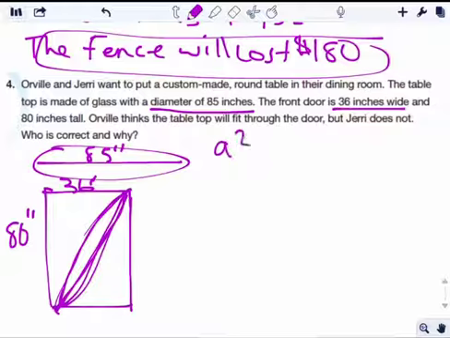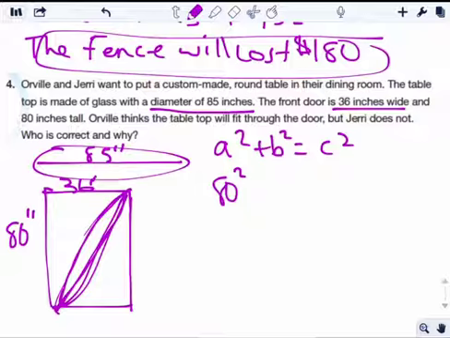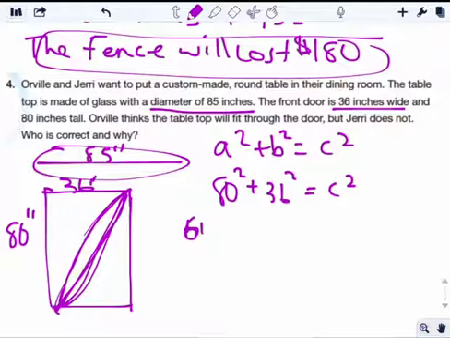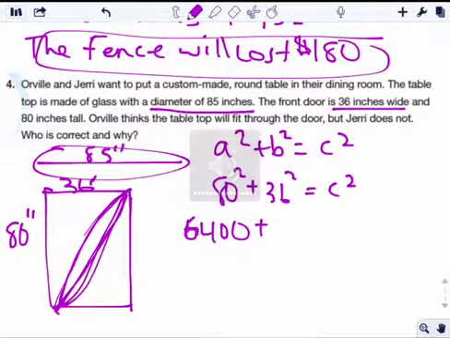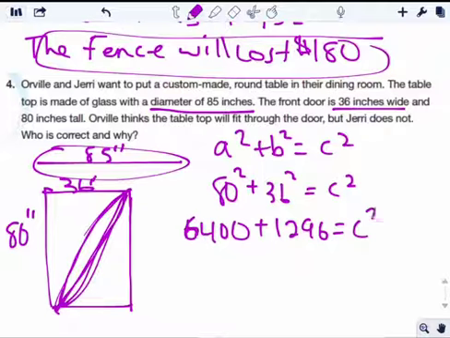So we need to find C. A squared plus B squared equals C squared. 80 squared plus 36 squared equals C squared. 36 times 36 is 1296 equals C squared.